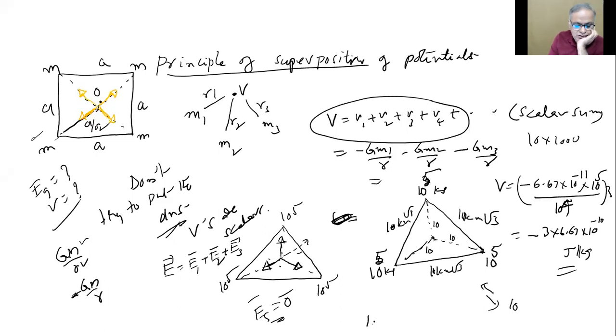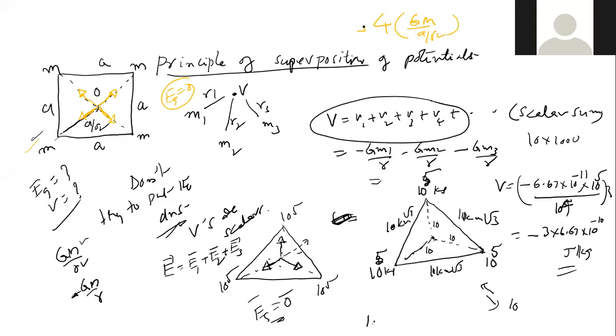And are they equal or not? Because M is same, distance is same, so M by R square will be same for all. So field strength will be 0. But field potential will be 4 times Gm by A by root 2, with a minus sign. The gravitational potential is always negative.